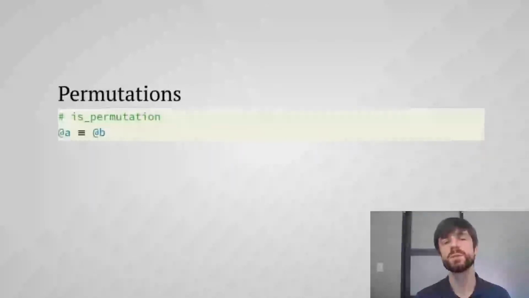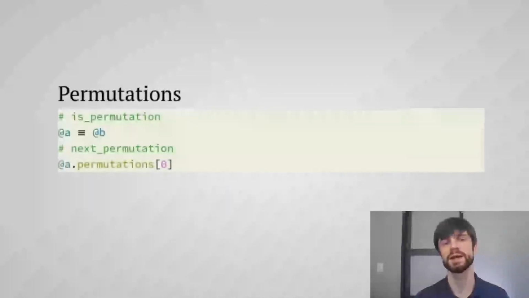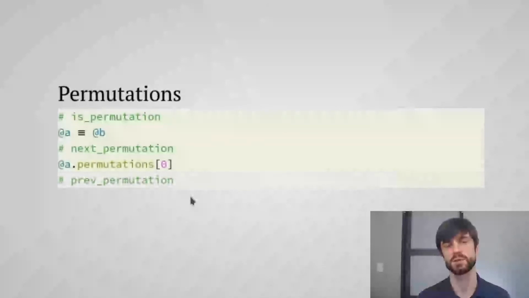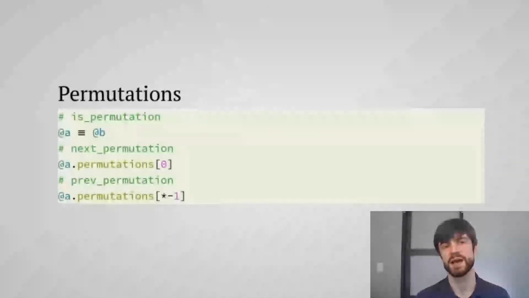We can also implement next permutation a bit more intuitively. We just use the permutations method and look for the first item on it. And for previous permutation, correspondingly, we take the last item in permutations. Of course, a slight difference in the API here is that next permutation you could call again and again to iterate through permutations, whereas with our permutations method in Raku, you would get a collection and you would need to iterate through it yourself.